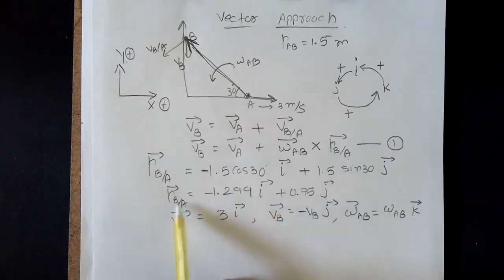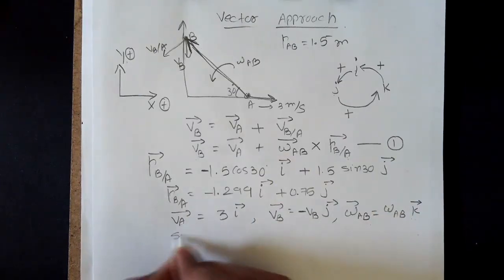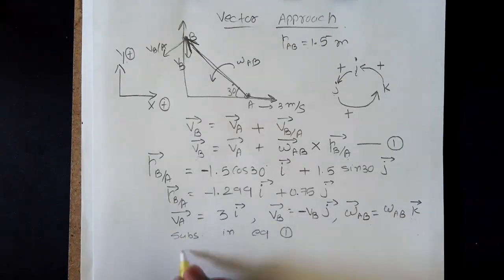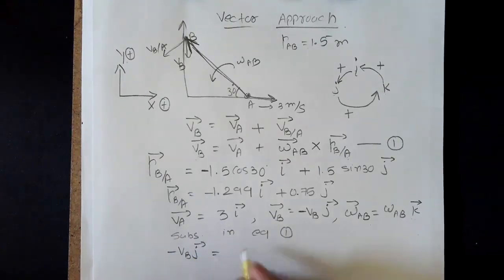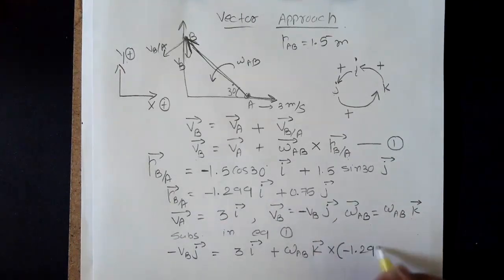So let's substitute 1, 2, 3, and 4 into equation 1. So substituting in equation 1, we'll get minus VB j is equal to 3i plus omega AB k cross minus 1.299 i plus 0.75 j.